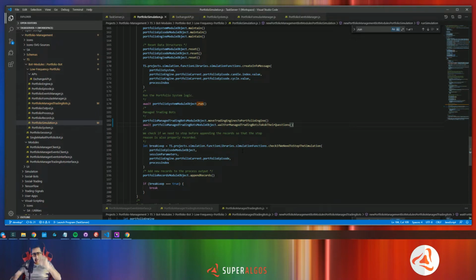Okay, so on this side, I think we are done. The next thing that we will need is to actually send the portfolio engine as a message, okay? Actually send the portfolio engine as a message.